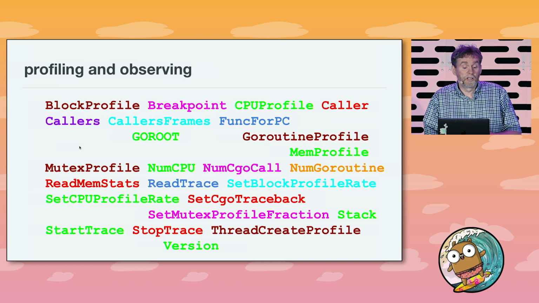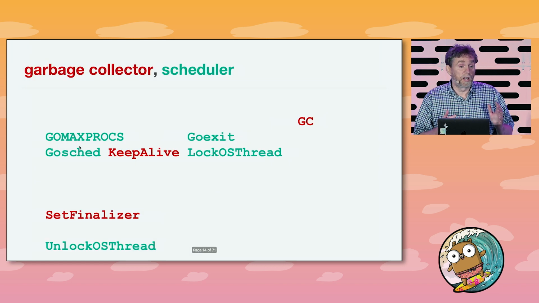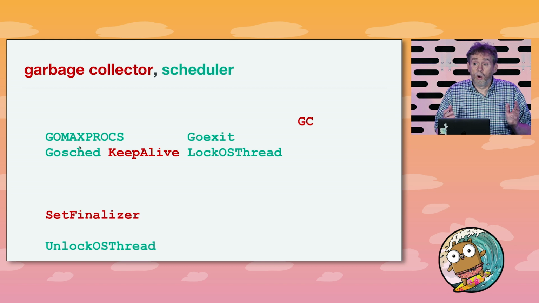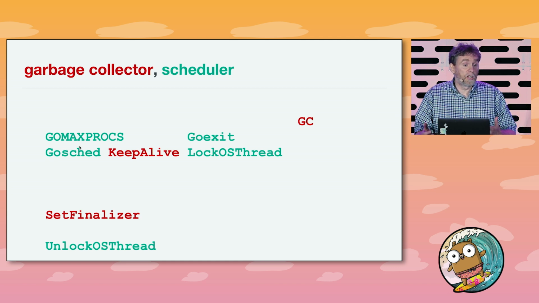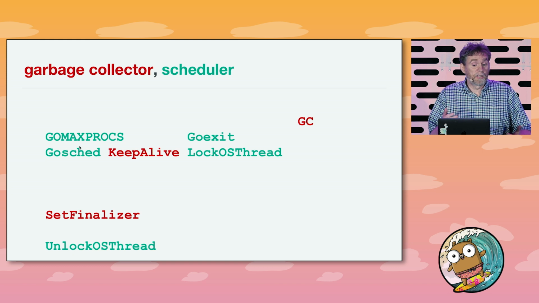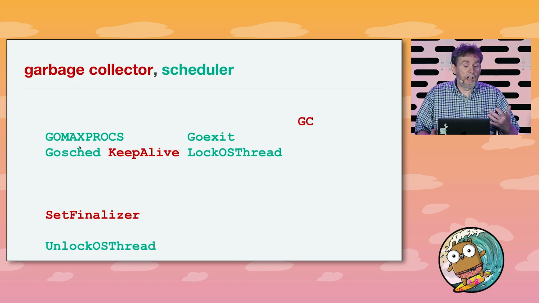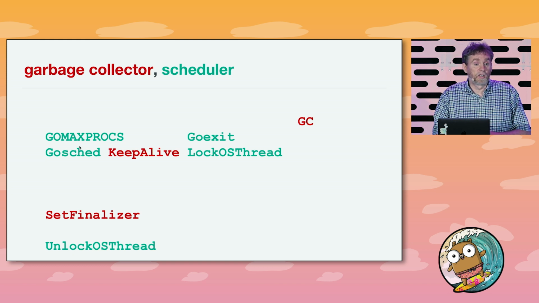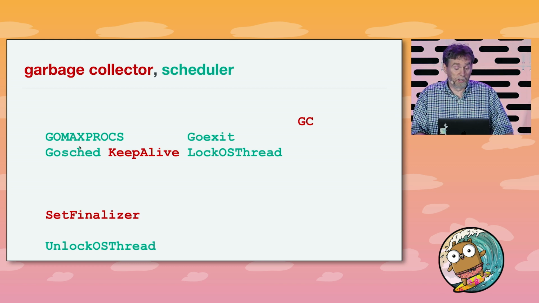Or there's another function to turn on tracing. So we're not going to talk about those things today. What I'm interested in talking about today are ways that we can directly control the runtime using some of these library functions. In particular, these 8 functions here, about half of them concerned with the garbage collector, and about half of them concerned with the scheduler.